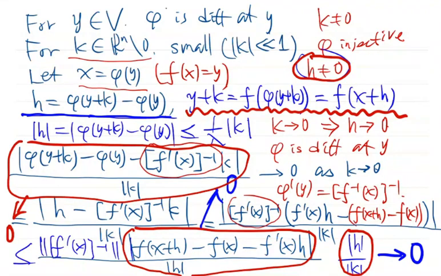So this precisely means that phi is differentiable at y, and the derivative of phi at the point y is precisely the inverse matrix of f prime x. Okay, so this proves the conclusion of the inverse function theorem. So we have proved the inverse function theorem.